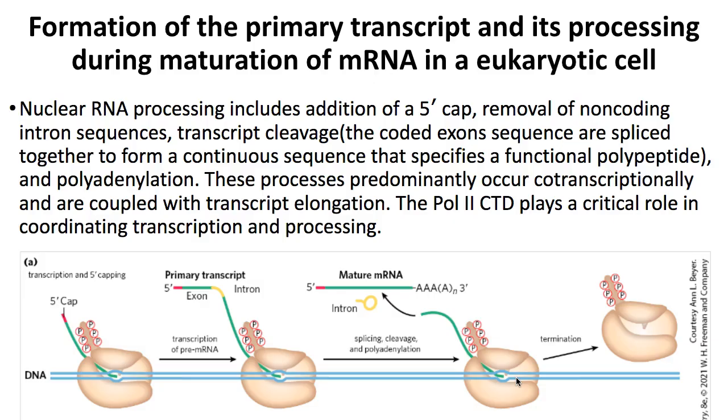As far as transcription and processing in a eukaryotic cell, you have this cap on the RNA strand, and from there you have the exons, which are coding regions that contain instructions for making proteins, while introns are non-coding regions that are removed during RNA splicing before the messenger RNA is translated.